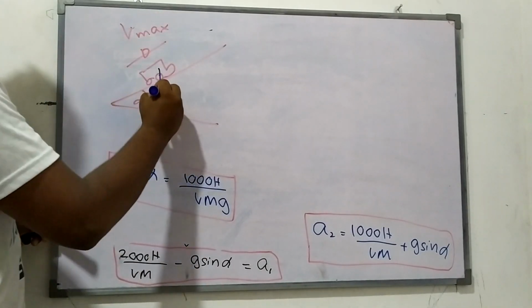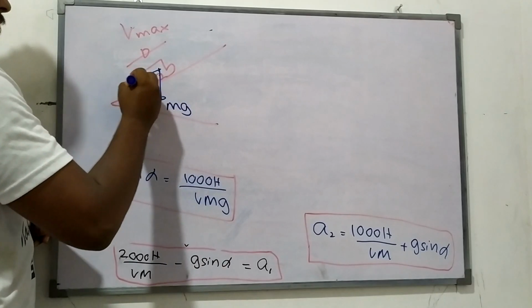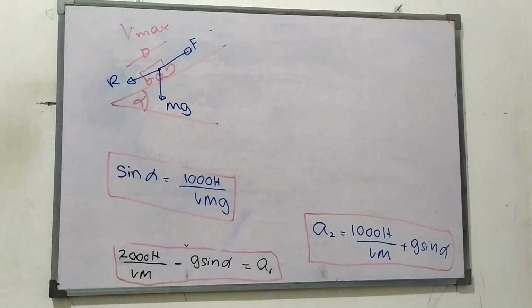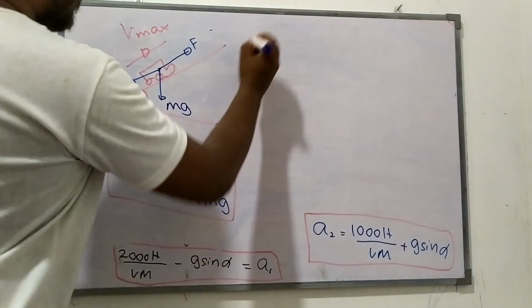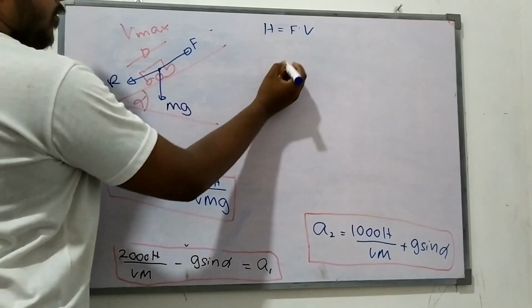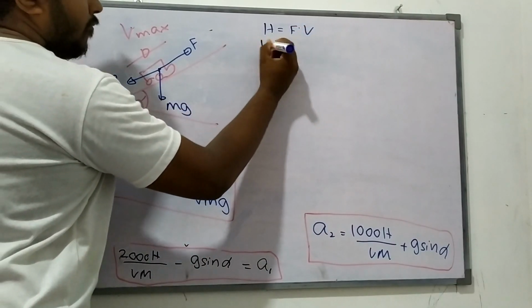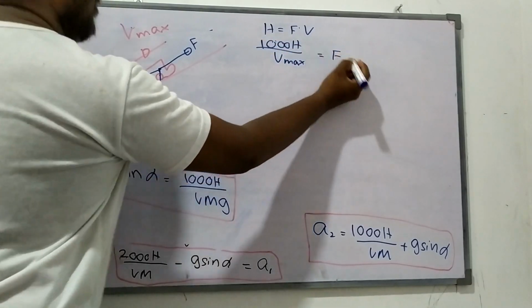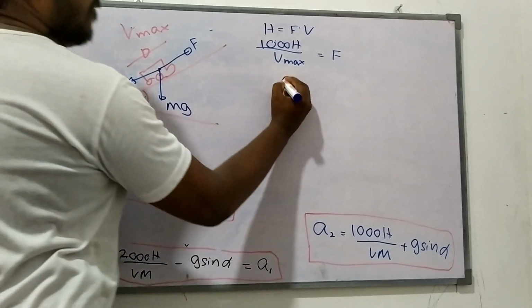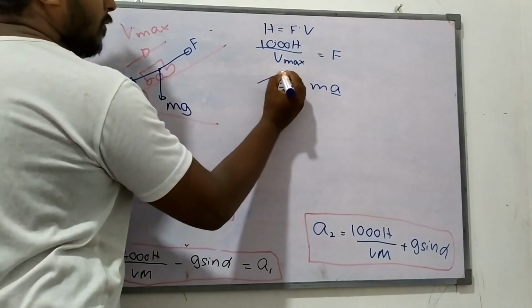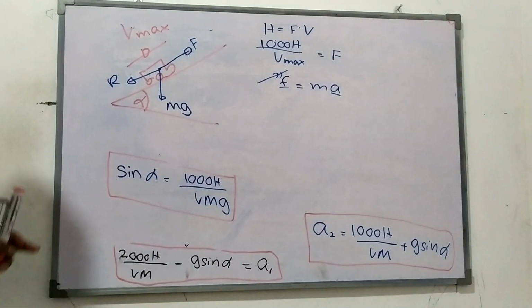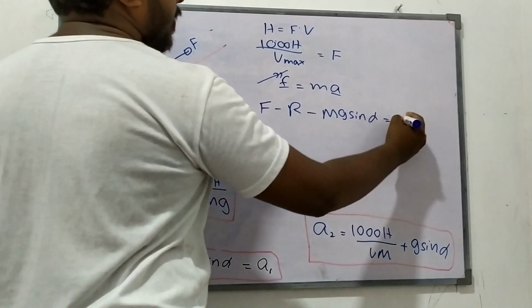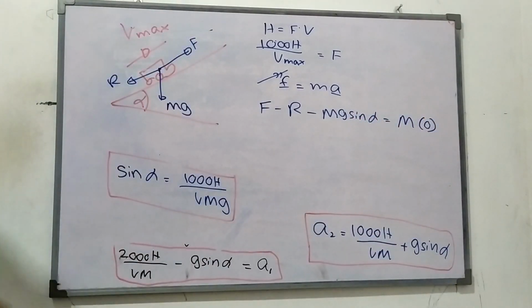F minus R minus mg sin alpha equal m times 0. No acceleration.